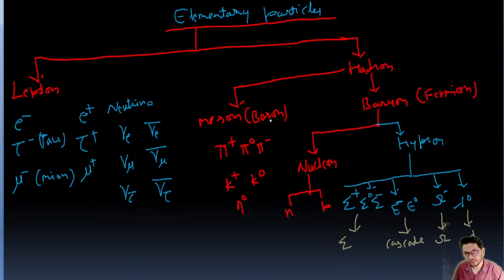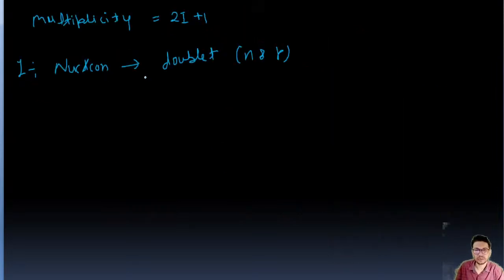In meson, the pion has three particles, kaon has two, and eta has only one, eta naught. In baryon, sigma has three particles, cascade has two, omega has one, and lambda has one.